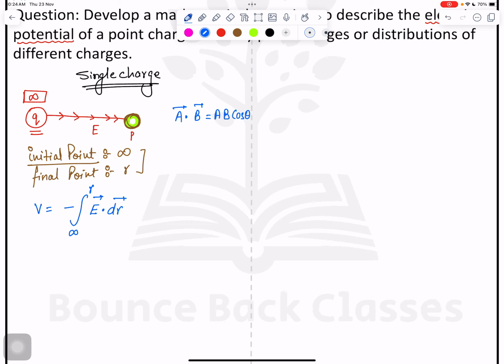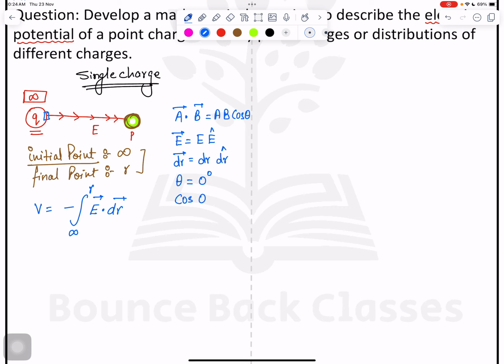Yes or no? Okay. Second thing, the E vector will be represented as E times E cap, and the dr vector will be represented as dr into dr cap. And both are in the same direction, so you can say the angle theta between them is 0 degrees.